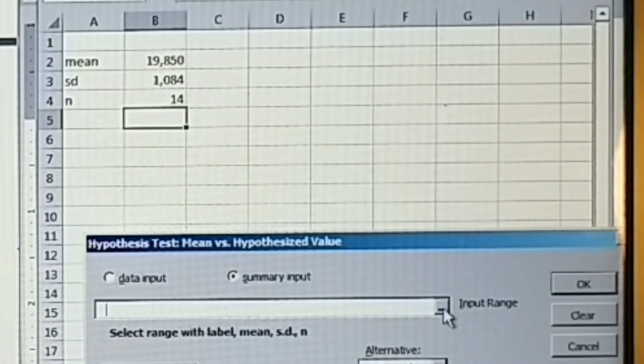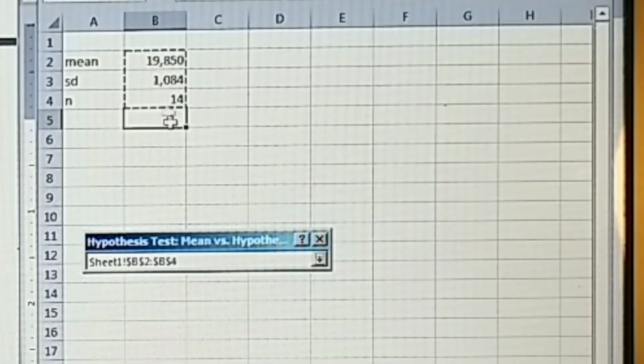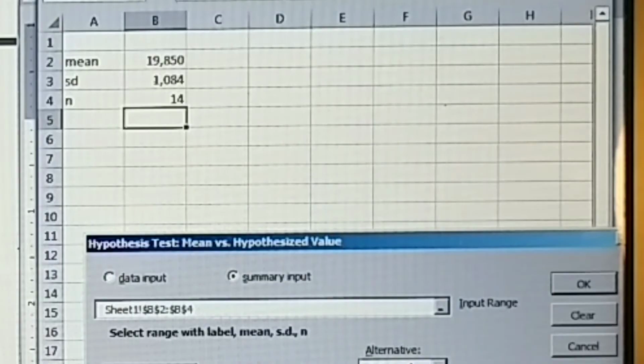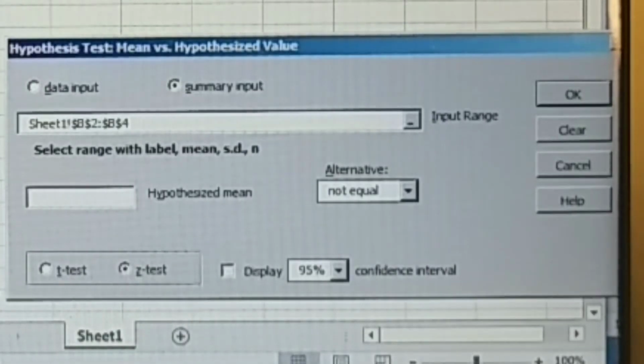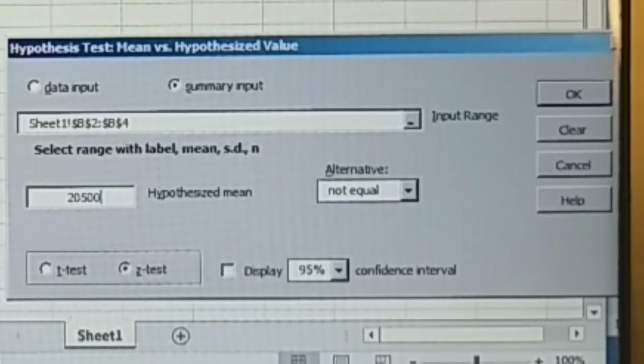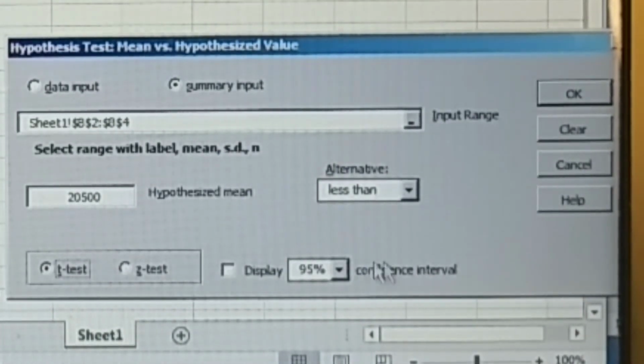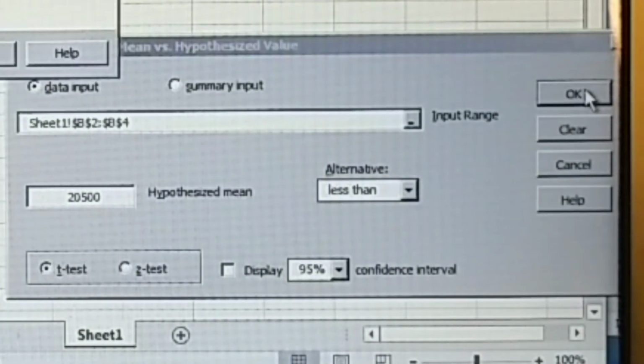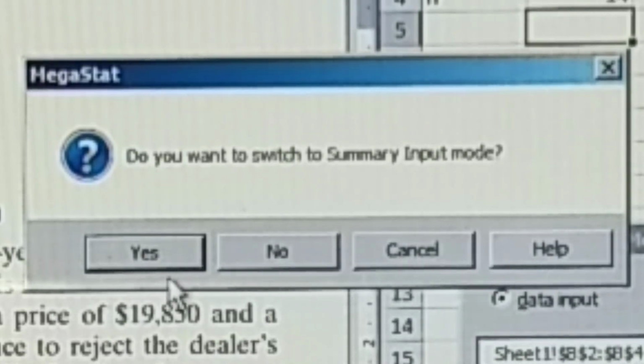We click input range, and drag the necessary information. For the hypothesized mean, we write 20,500. And then for the alternative, that is less than. So the test statistic is T-test. And for the confidence interval, we have 95%. And then you click yes.